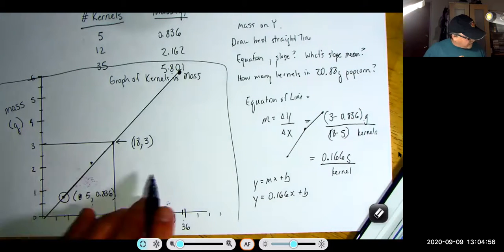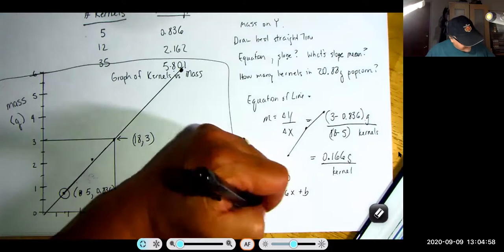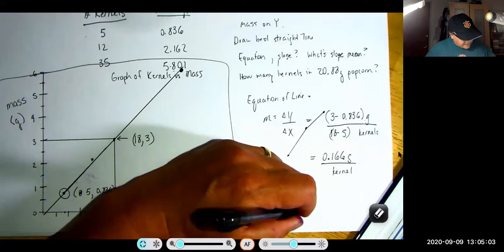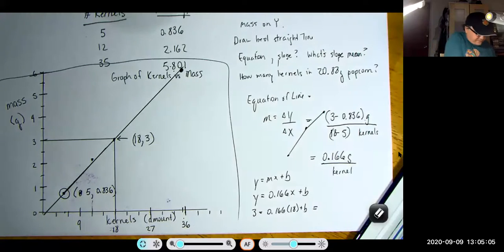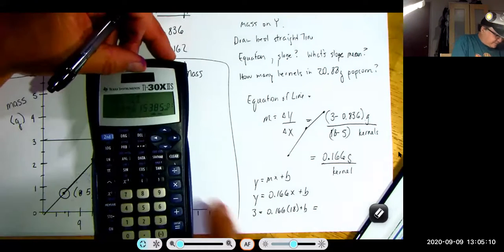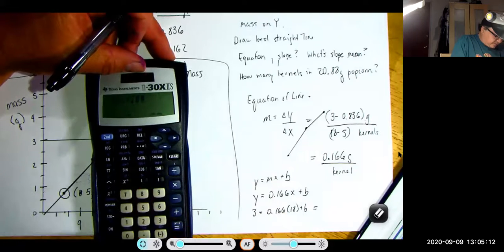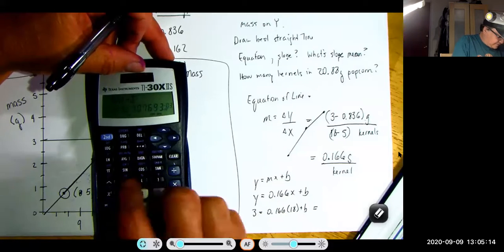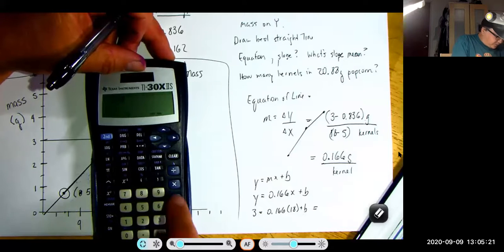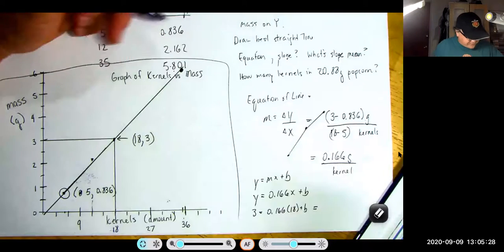So here, my y is 3, 0.166 times 18 plus b, and we find out that b is equal to 3 minus 0.166 times 18. Well, goof that one up. 3 minus 0.166 times 18. And I get 0.12.